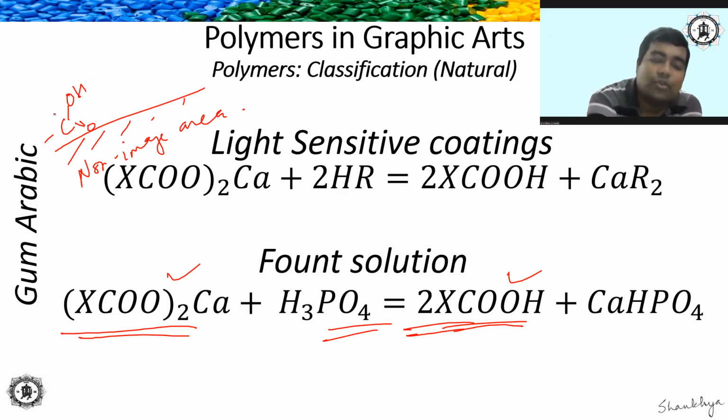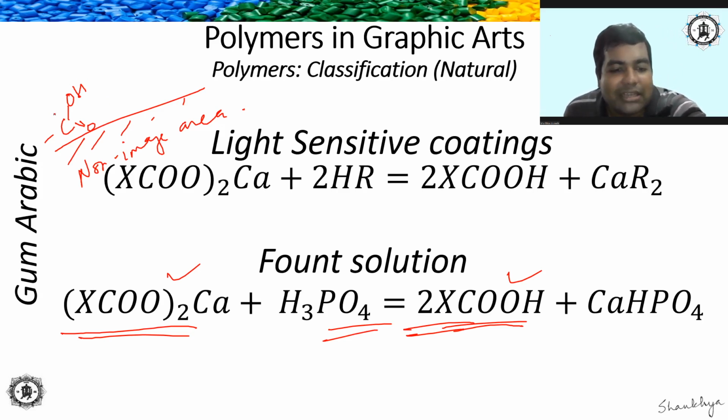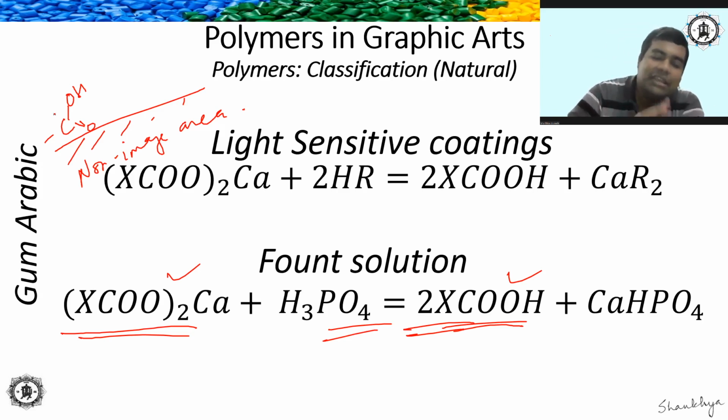Don't worry if you are not able to fully capture the idea of what fountain solution is and what materials go into its preparation, because we have not yet covered fountain solution at all. I'm just explaining individual materials like arabic acid, casein, and cellulose to give you a brief overview of their usage and application, but I will take detailed classes on all these materials as we go along.